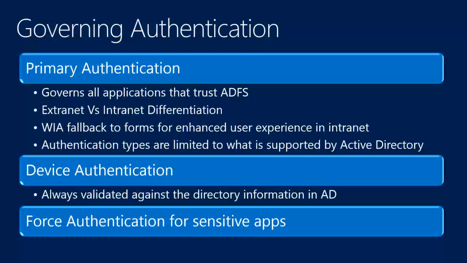Now, if it doesn't fall into this, we automatically fall back to forms. So in fact, if you come with a non-IE browser inside your corporate network, even on your Windows machine, or you connected an iOS device directly onto your corporate network, now we support the ability to automatically fall back to forms so that the end user experience is a lot more seamless in nature. So that's something that we've added in this new release.